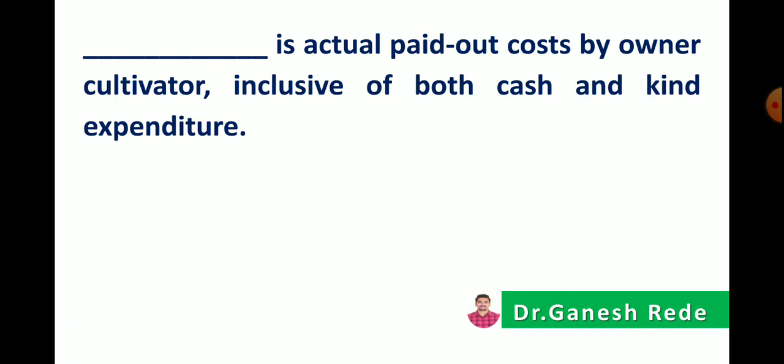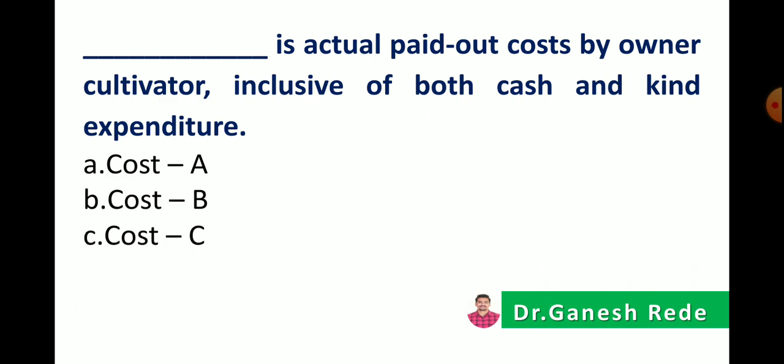Next: dash dash is the actual paid out cost by the owner cultivator, inclusive of both cash and kind expenditure. Option A, cost A; option B, cost B; option C, cost C; or D, all of these.